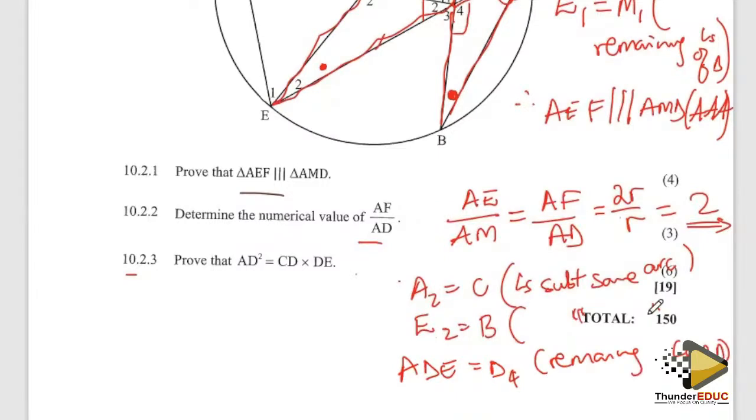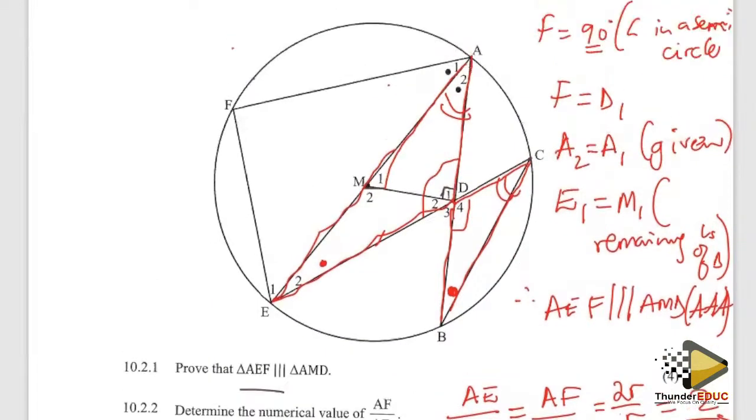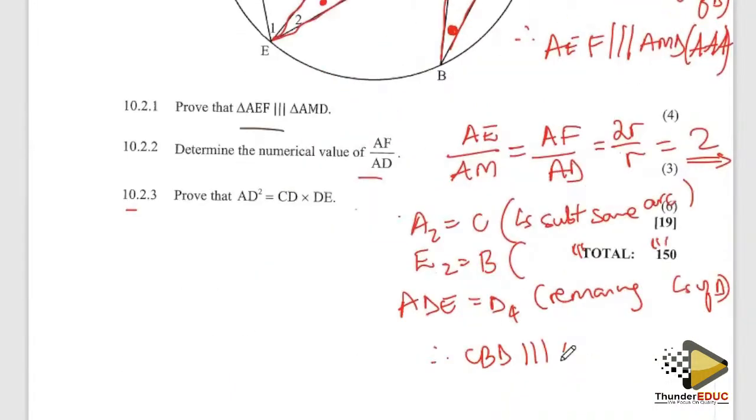So if that is true, we can say that therefore, we said CBD is similar to ADE. Let me just put it in the right proportions. So it's CBD, it's ADE, AED.